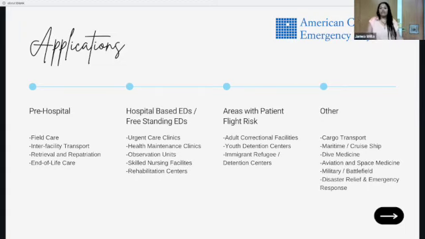And by telehealth here, I'm referring to direct provider to patient interactions via video conferencing, virtual visits, chat-based interactions, remote patient monitoring like telemonitoring, or physician-to-physician consultation. And the list goes on, but this is what ACEP has.